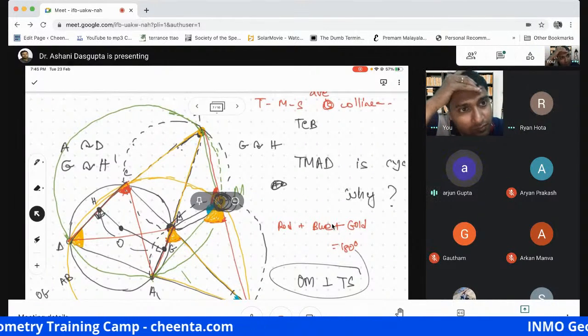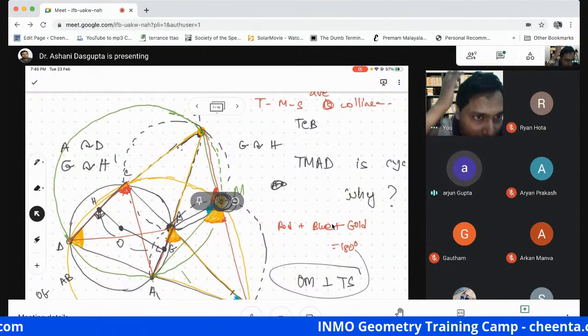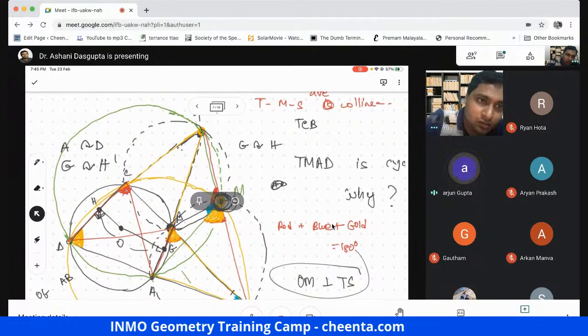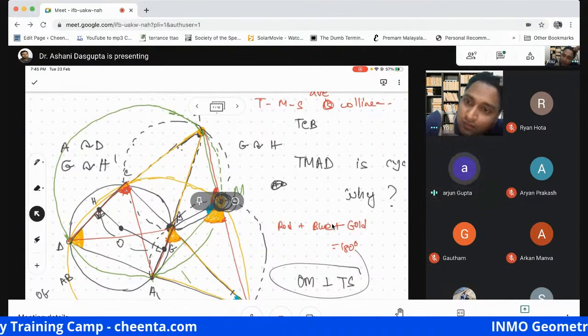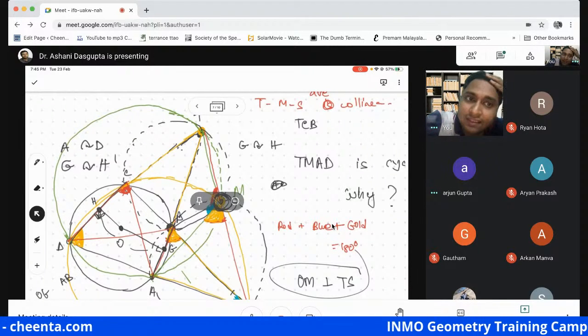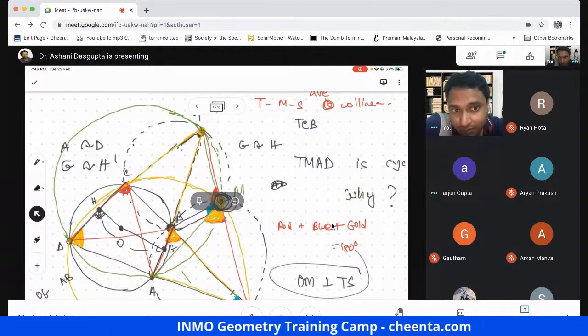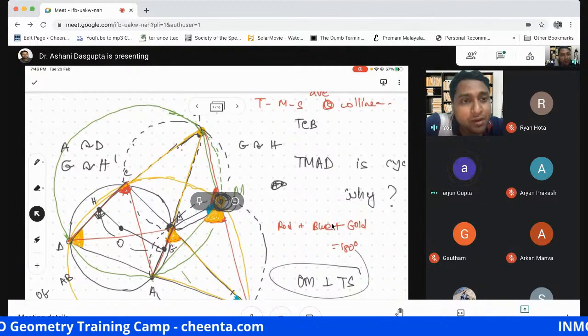So, sir, according to you, there are only three centers of spiral similarity. Suppose we want to map line AB to DC, or even a segment. Can we show that there is a unique point mapping A to D and B to C? Yeah, there is a unique point making that map happen. You can prove it rigorously.